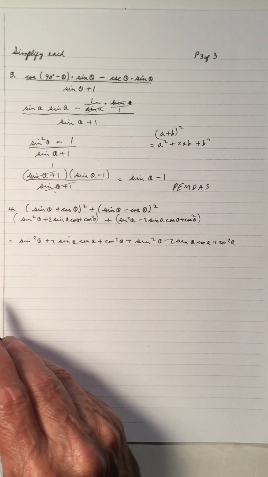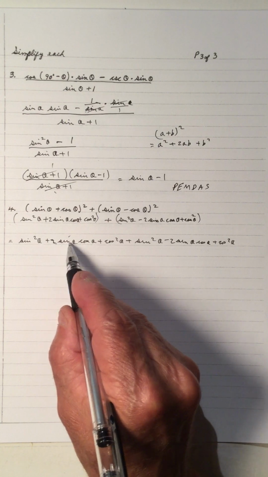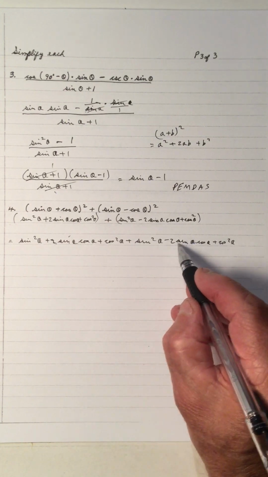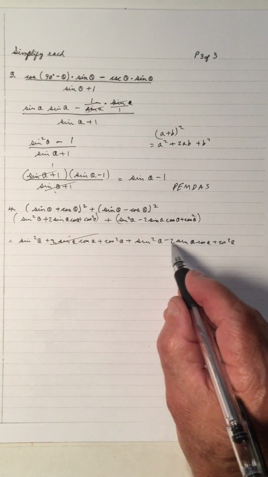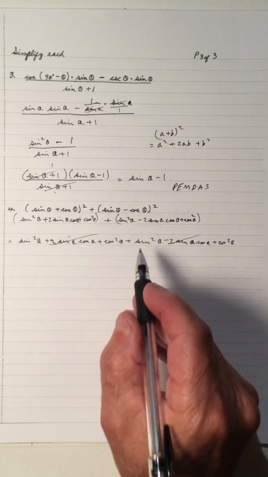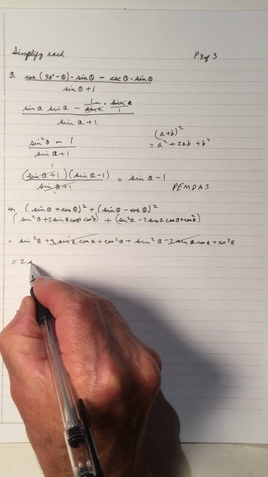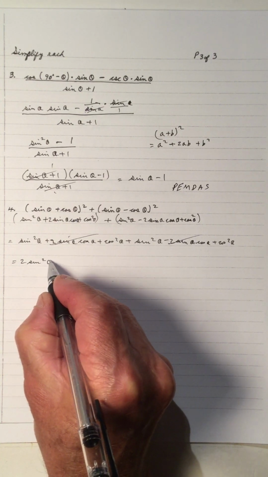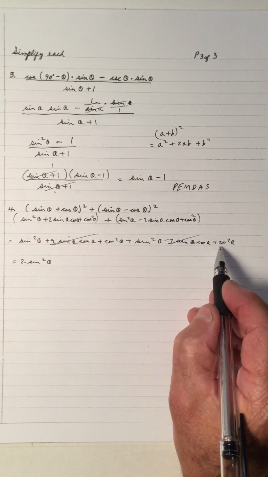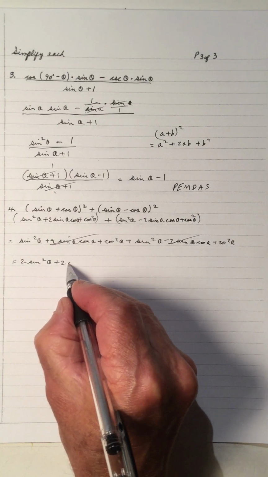And now, what happens? 2 sine theta cos theta is here twice. So there it is as a plus, and there it is as a minus. They cancel out. So I got a sine squared, so that gives me 2 sine squared theta. This is cos squared, so there's 2 of them.